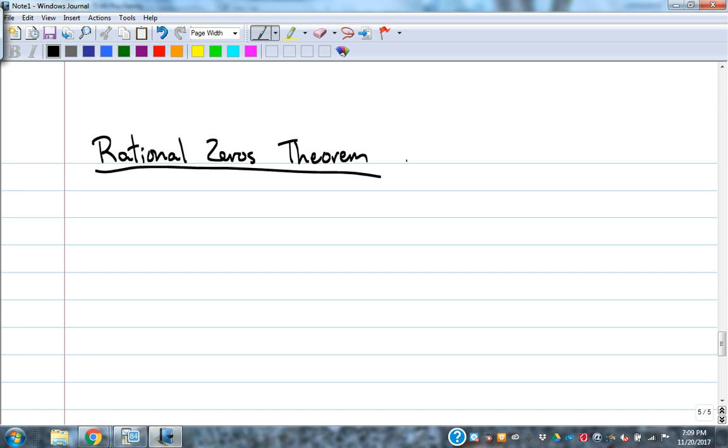Anything with the word theorem after it's always fun. So here's how it's worded.